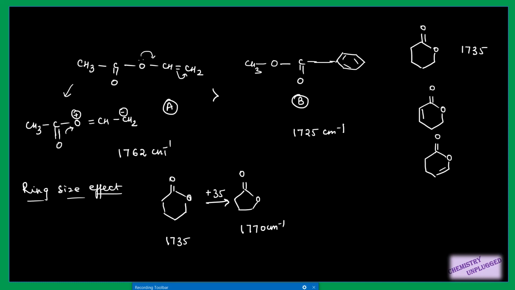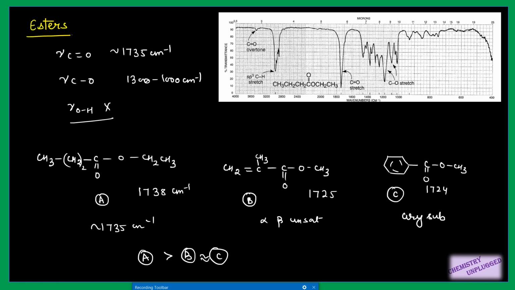Then we have unsaturation at alpha beta position, so it should decrease the value of vibration by nearly 25 to 45 centimeter inverse, but in case of esters it is only decreased by 10, so it has value 1725. We have seen in previous cases also that this value is decreased by 10 centimeter inverse for esters.